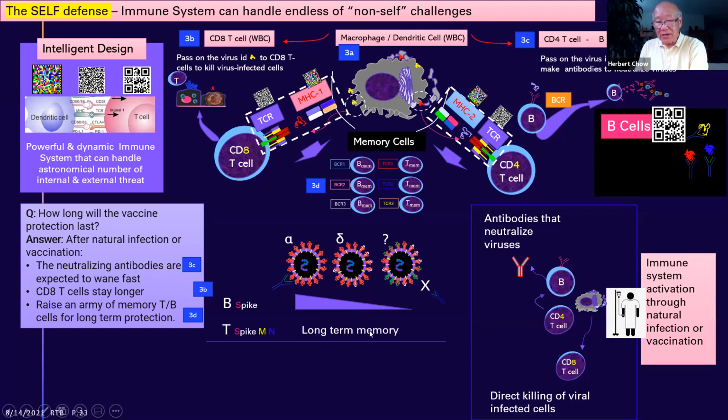But the T cells will still be there to handle this particular variant, because while the spike may change, a lot of the other proteins, like the membrane protein and the nuclear protein, don't change. They're not as promiscuous as the spike protein. This long-term memory remembers these things and is able to handle the virus through these molecules, even though the spikes are changing.